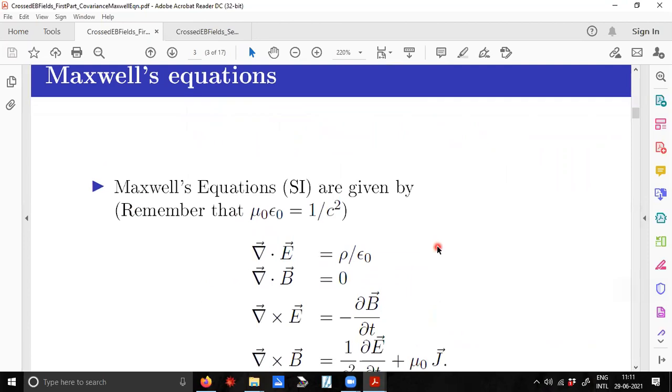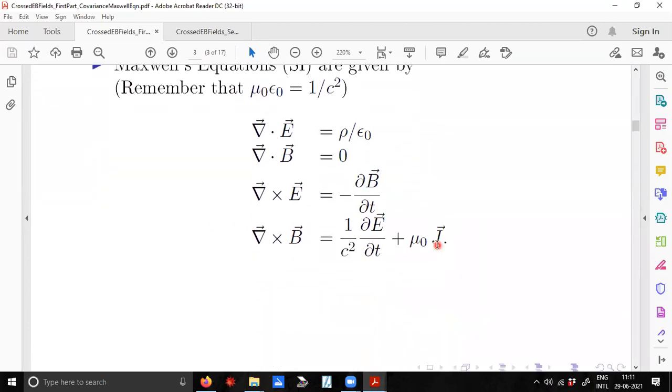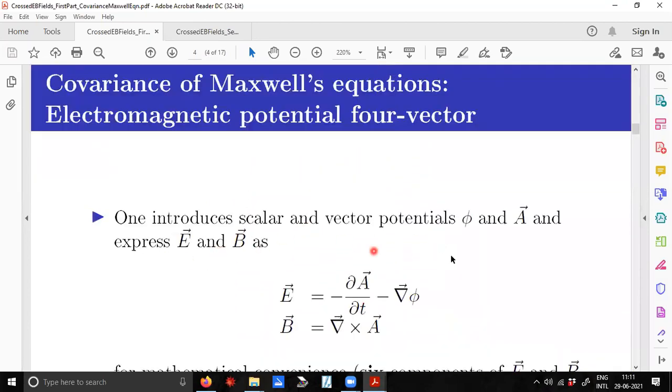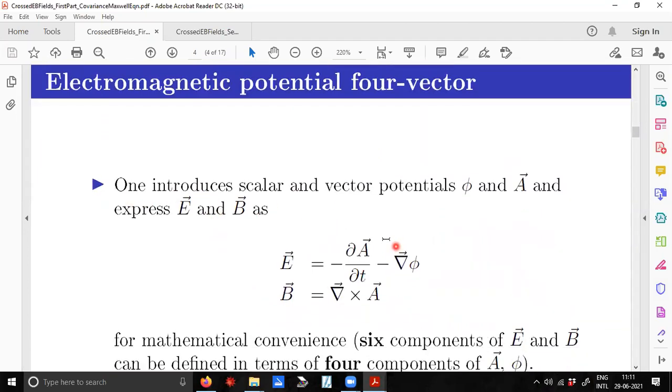Now, Maxwell's equations, you know them. So what we try to do now is to learn about Maxwell's equations. We know that a scalar potential φ and a vector potential A can be introduced to express the electric and magnetic fields. What is physical? The electric and magnetic fields are physical. We do experience electric and magnetic fields in our labs.